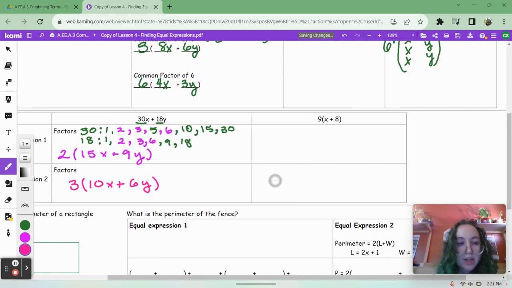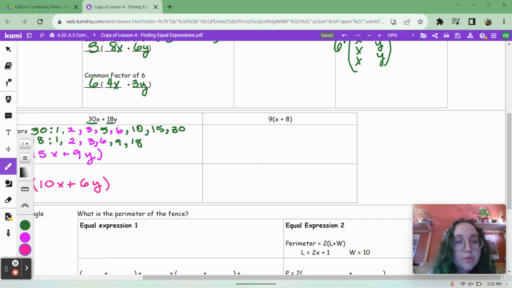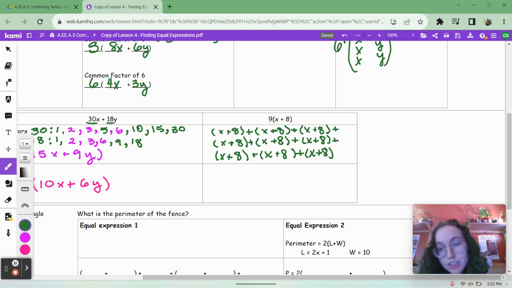With our next one, this is distributing out, right? So we are multiplying each piece by 9. The way that we were looking at that before was I have x plus 8, 9 times. That's one equivalent expression. It's a very long-winded equivalent expression, but I have x plus 8 nine times added together.